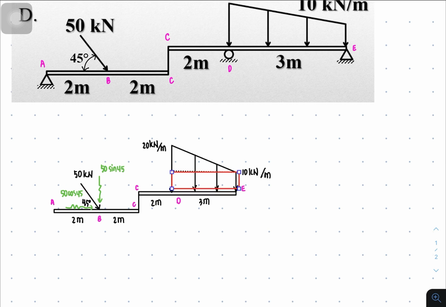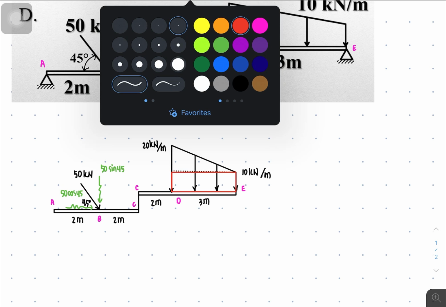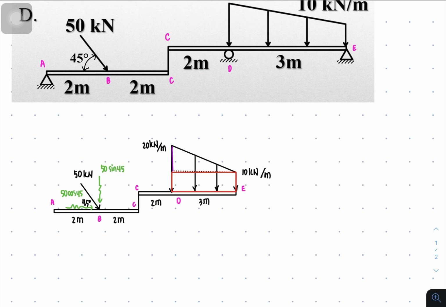I'll just rearrange that. And then this is for the triangle. So it's not making a triangle, so let's draw another. Okay, so this is for the triangle.